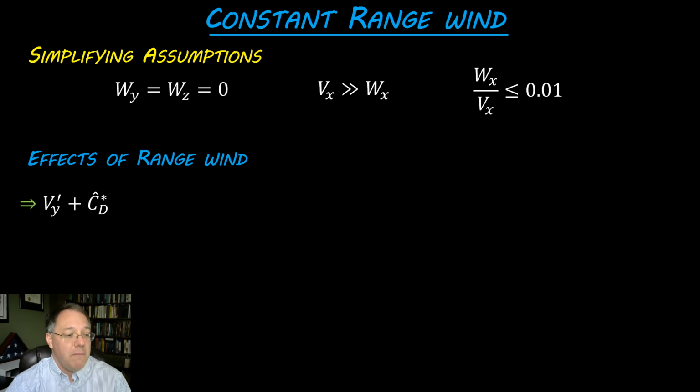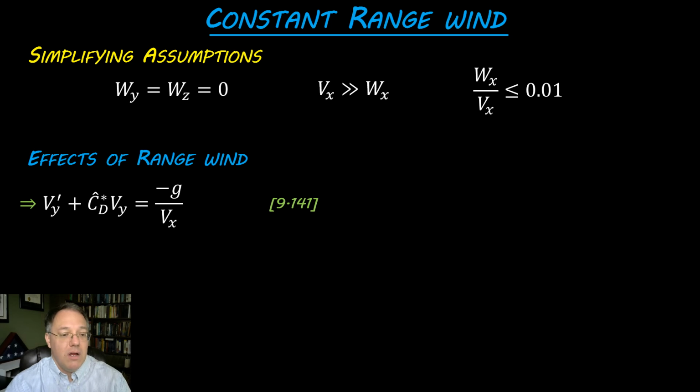That leads us to equation 9.141: our velocity with respect to distance traveled, which is what the tick mark means instead of a dot over the top, plus our drag, is equal to our gravity divided by the velocity in the x direction.